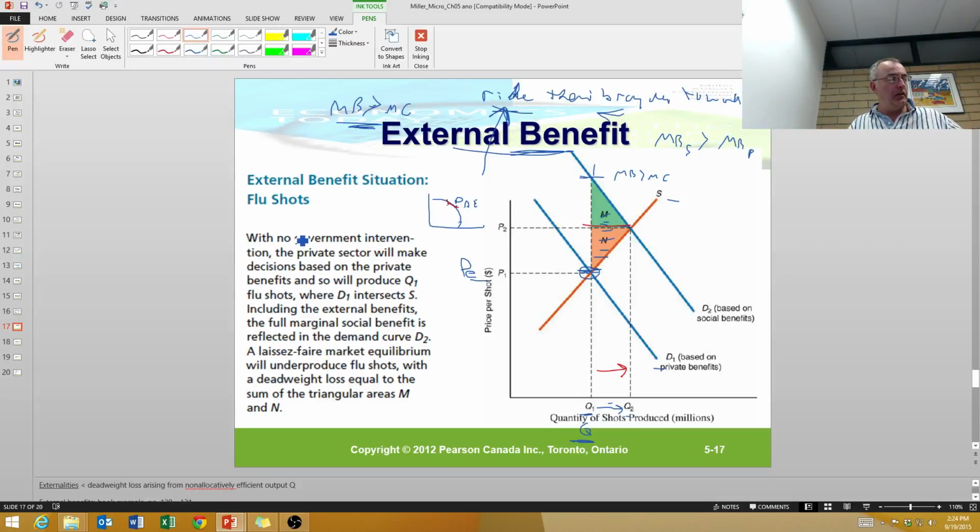Okay, so that's our first example of the society or the economy arriving at a point of non-allocative efficiency that we're analyzing through deadweight losses.